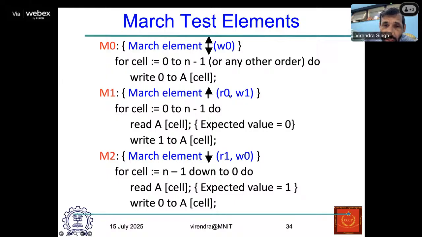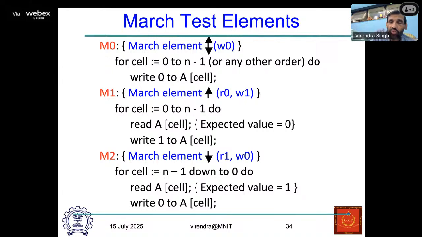This R0 means we are reading and then comparing against 0 value. If that passes, that means that particular cell does not have a stuck-at 1 fault. And at the same time, we write 1 into that particular cell and go all the way to cell n minus 1.